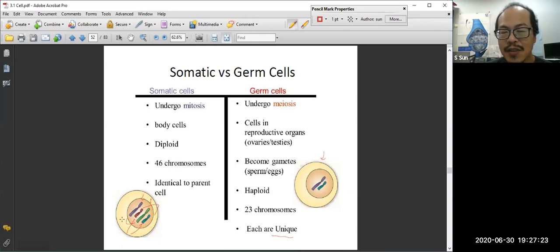These somatic cells are all duplicated from the fertilized egg, so they are all the same. They have the same sets of chromosomes.